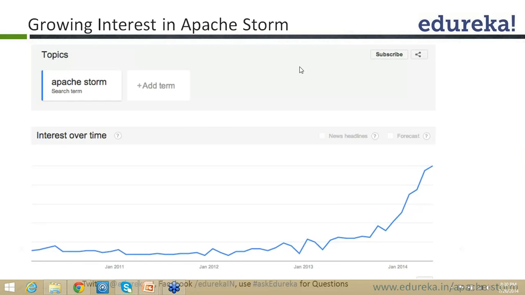So there are some questions wherein people are asking what exactly is the y-axis. The y-axis is all about the number of queries. It was a big number, due to which we have not shown it. There was also a query asking whether the growing e-commerce market was also influenced by Apache Storm.